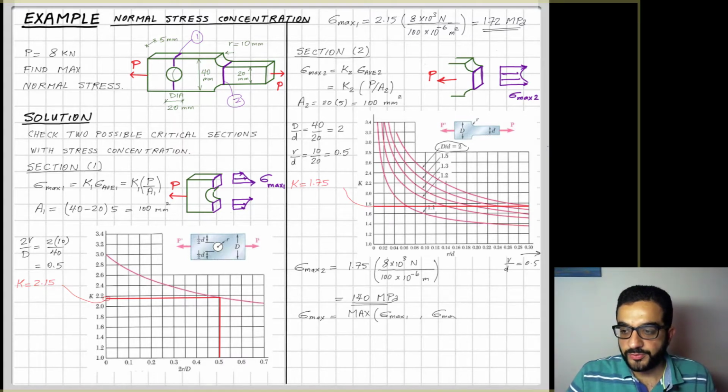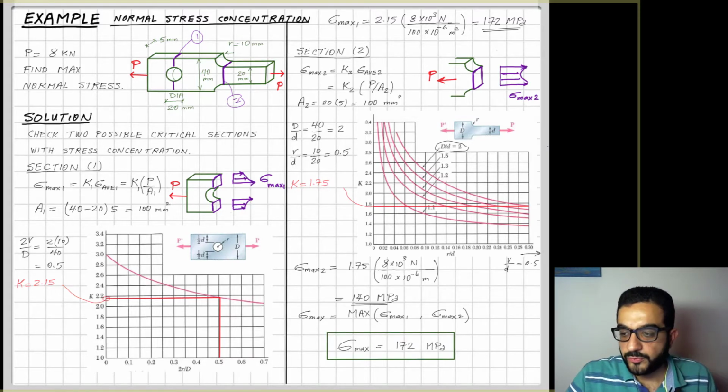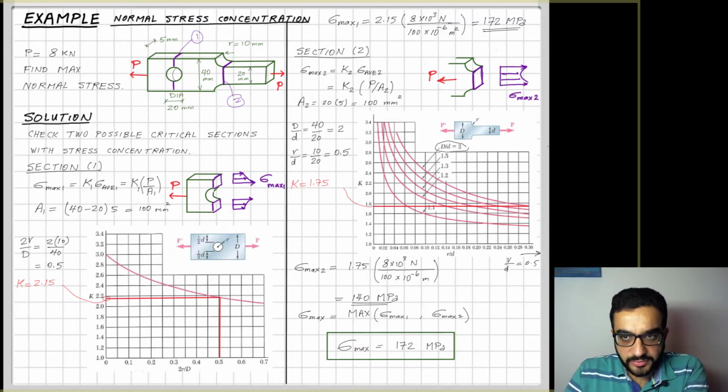So my maximum stress in the whole bar now is equal to the maximum of 140 and 172, so it's 172.